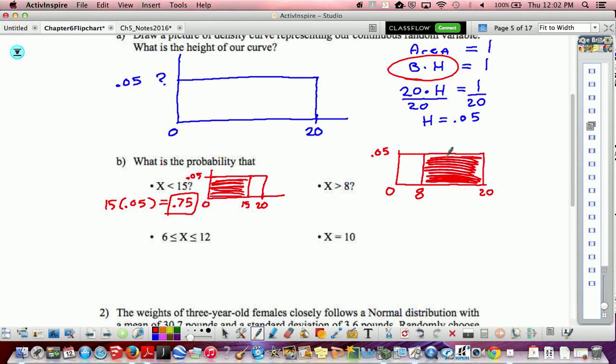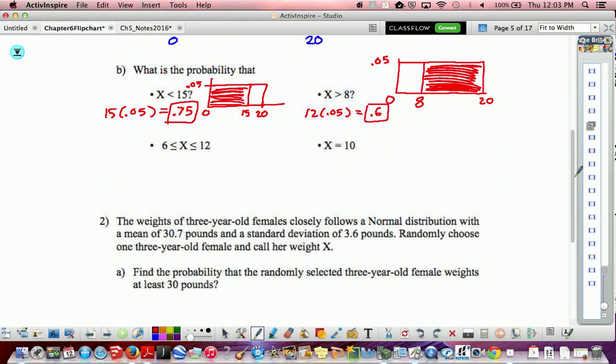So all of those. So what's the length of my base there? 12. So 12 times 0.05 is 0.6. First I thought I heard 6, I'm like going, wait a second, we can't have a probability of 6. Alright, next one.